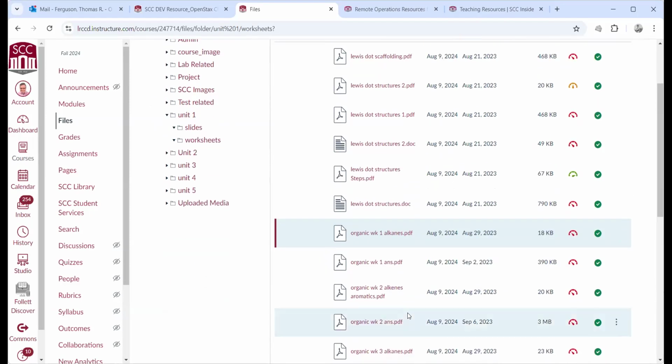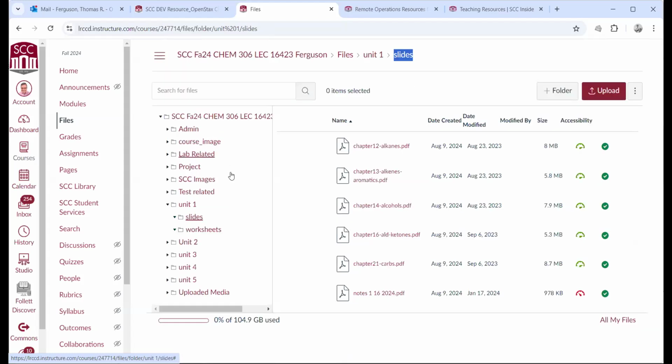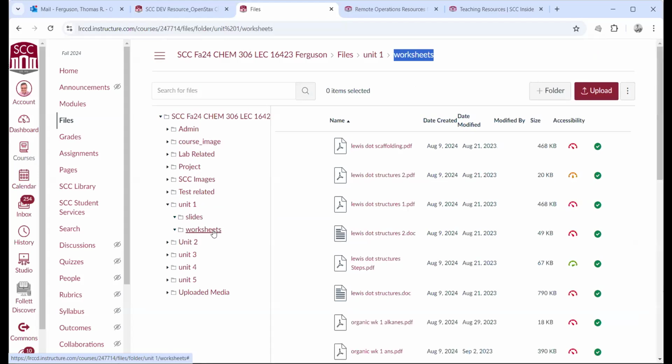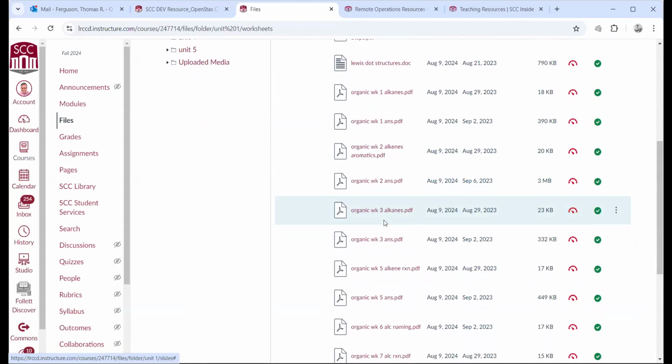What was I going to show you on Canvas? The homework? I'm clicking on worksheets here. Why isn't it working? Okay. See, this will be one for this chapter on alkanes, and we have one for alkenes. There's another alkanes as well.